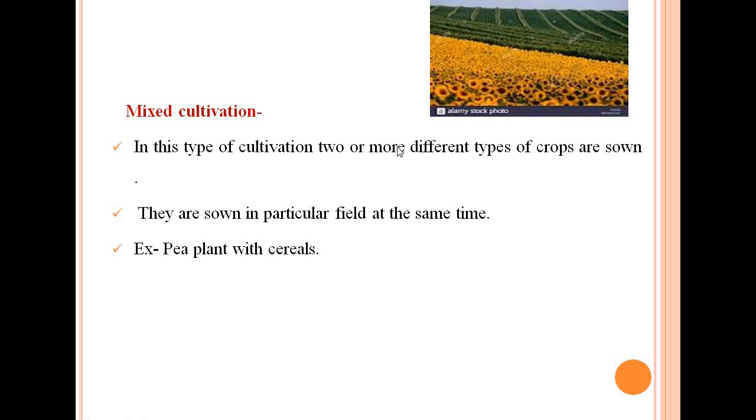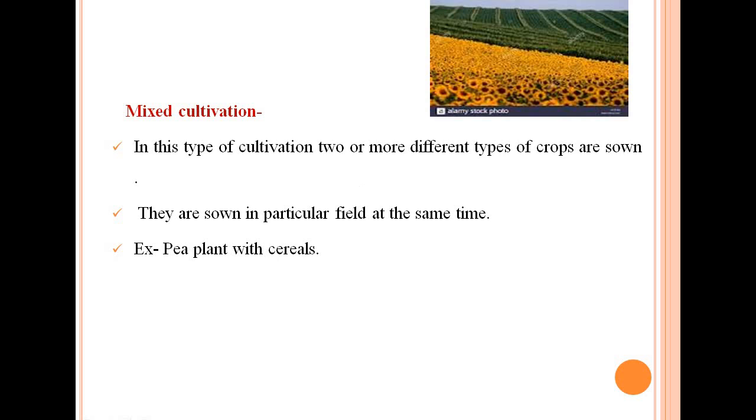For example, a pea plant with the cereals, a leguminous plant, that is a plant having seeds in long pods such as chickpea or mustard, can be grown in the same field along with a cereal such as wheat. Clear? So this is an example of mixed cultivation.